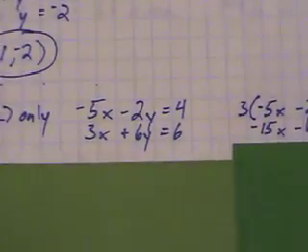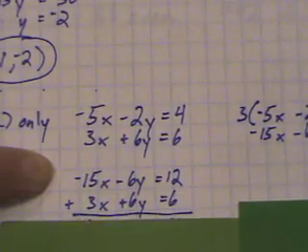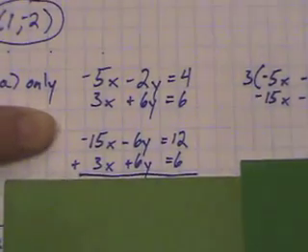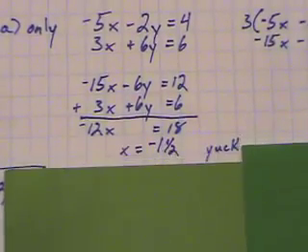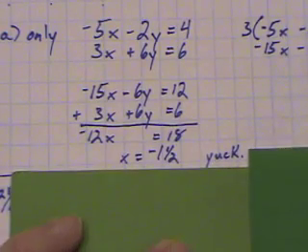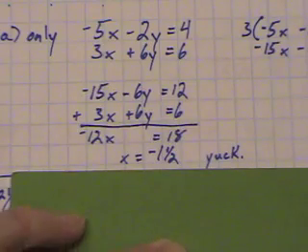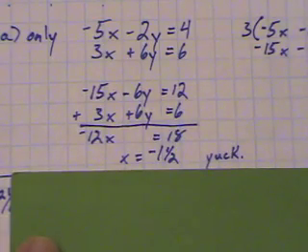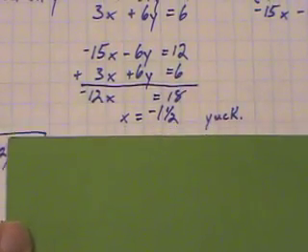So come back and line those two equations up so you may add them. Negative 12x equals 18. X equals negative 1.5. And as you can see, I'm about as happy at working with that as you are. It's fine if you decide to work with negative 1.5 as well.